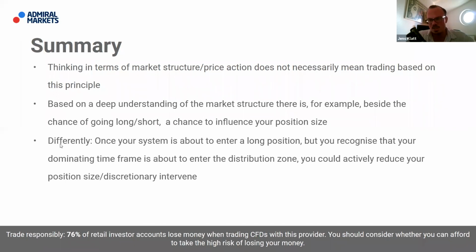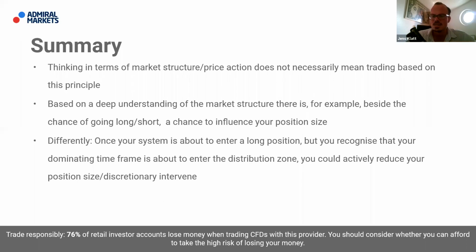If you grasp this concept and get this deeper understanding of the market structure, and your system, based on, let's say, exponential moving averages, is about to enter a long position, but you recognize that you enter the trade on M5 or M15, for example, while the dominating time frame, H1 or H4, is about to enter the distribution zone, it means you could actively reduce your position size and say, yes, the long signal is generated, but my target is to optimize my trading and smooth my equity curve.